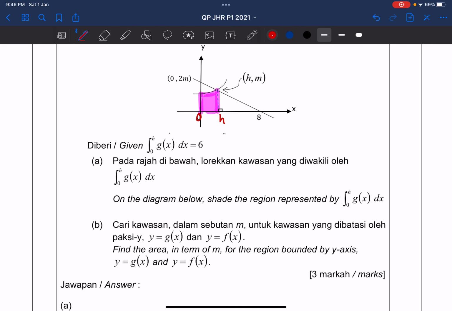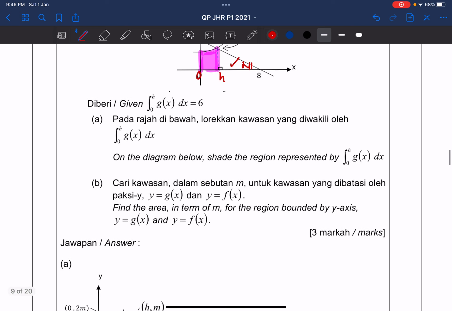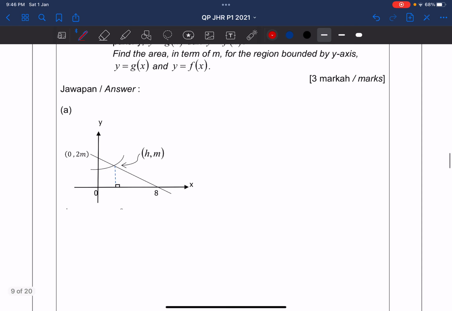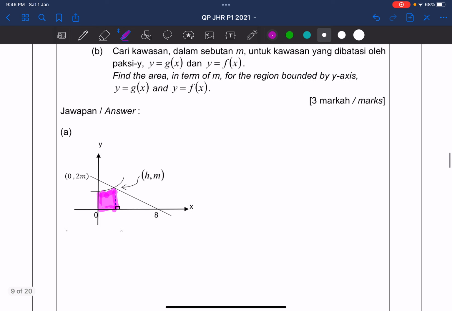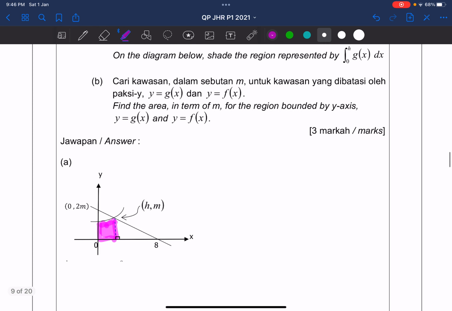For question A, you get 1 mark here, and the shading in your answer part, so I'll shade here. Okay. Then for question B, find the area in terms of m for the region bounded by the y-axis, y equals g(x) and y equals f(x).